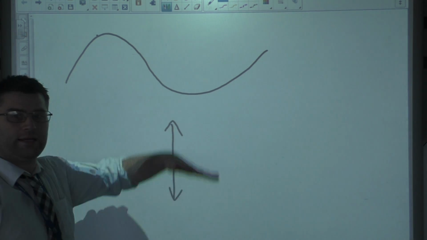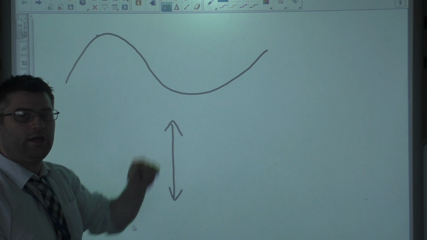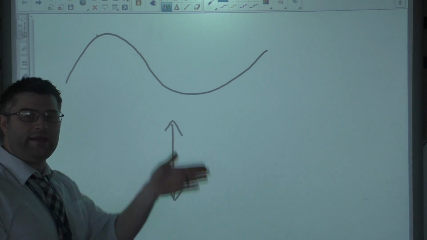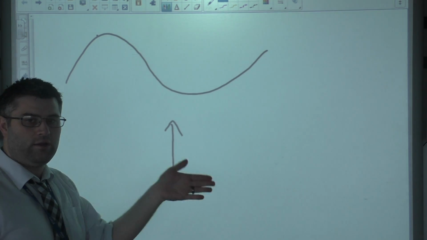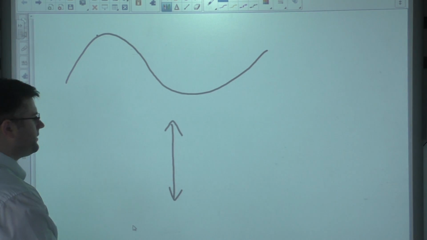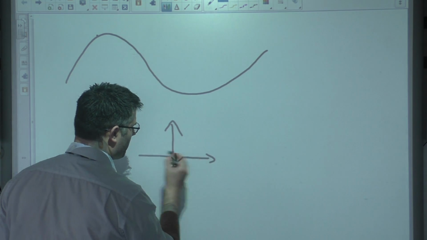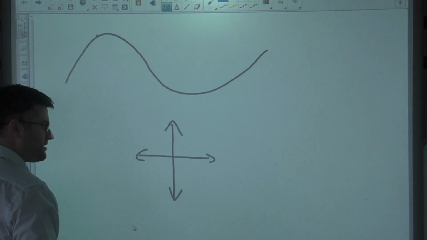So it's oscillating up and down, up and down. We can also get waves which are oscillating in this orientation as well, whilst travelling. So we could represent that as an arrow going backwards and forwards like that.